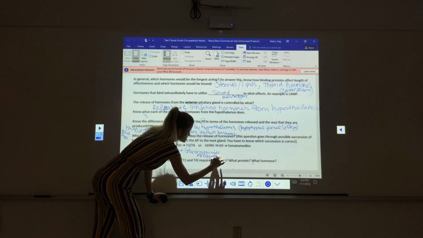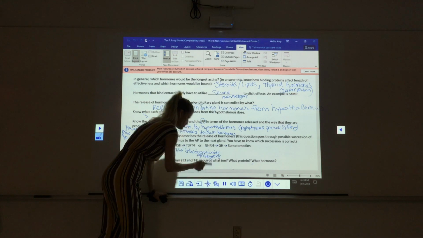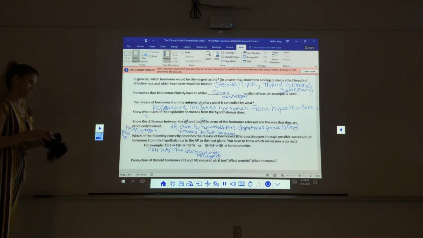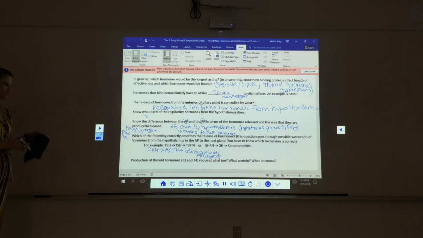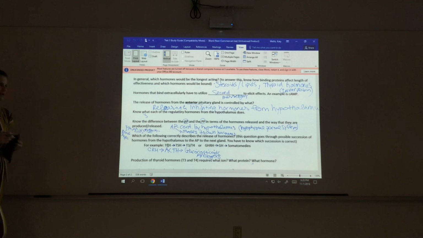We don't talk about androgens much because they're not as significant. Those are the only long ones, really, besides the sex hormones, but I don't put those in there.